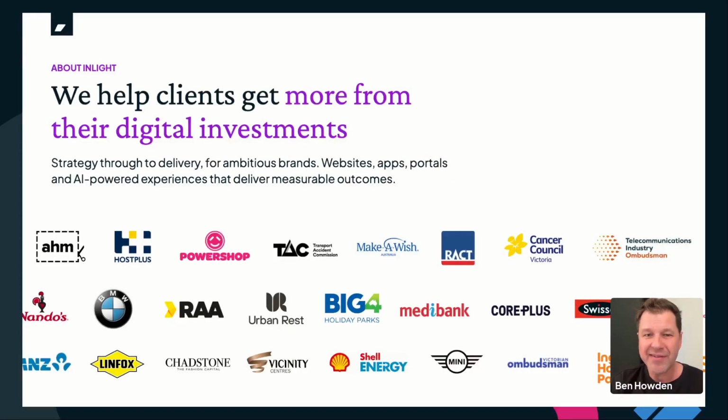For anyone that doesn't know Inlight, a really brief introduction. We're a digital agency, independent, based in Melbourne, and really the reason we exist is to help our clients get more return in terms of their digital and technology investments. We do that in a lot of different ways. We've got a big focus on strategy and really helping to shape up roadmaps, and a lot of that does include the data and the MarTech piece that we'll be talking about today.